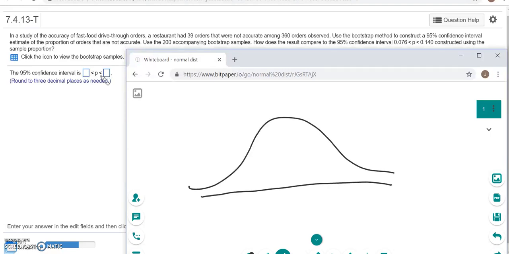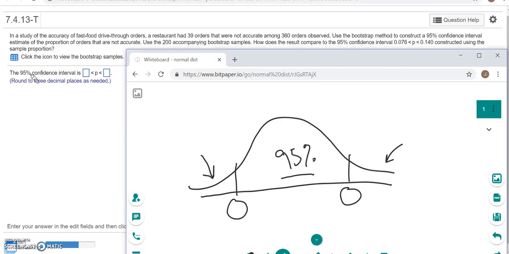A 95% confidence interval means that somewhere here in the center of my graph is 95% of the data, and there's some value here and here that separates off the remaining 5%. So 95% is in the middle, and in the remaining tails are the leftover 5%.